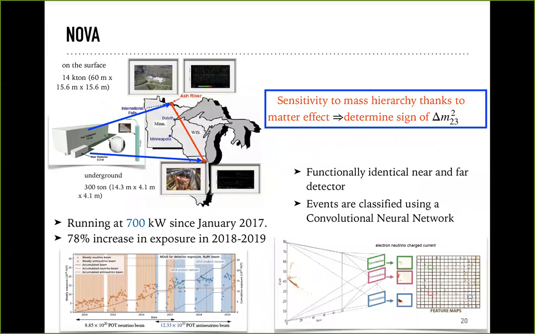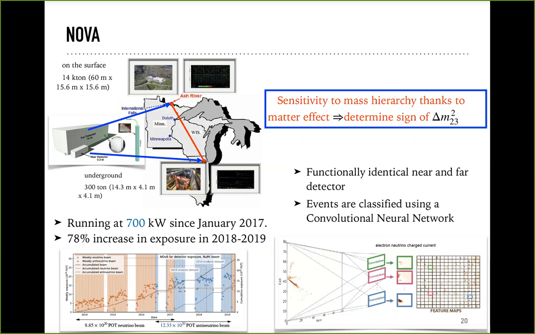This is just a snapshot of NOvA, with the two detectors, near and far, one at Fermilab and the other at Ash River. Those are very different in size, but they are technically the same detector with liquid scintillator, so you really are able to have the same systematics between the near and the far detector.